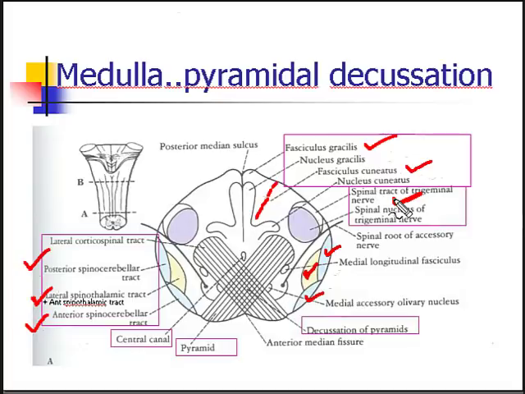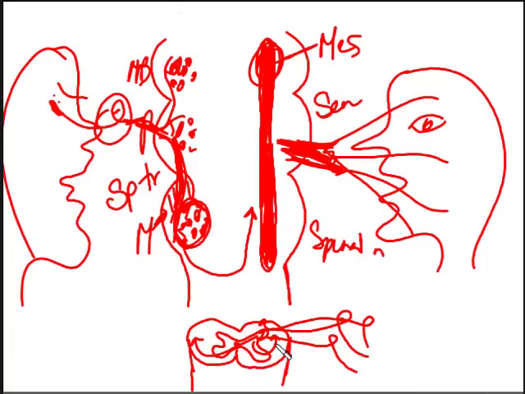It was not present in the spinal cord, but it was in the brainstem that this tract is formed, and that's why we begin to see it at the level of the brainstem. So that is the pyramidal decussation.